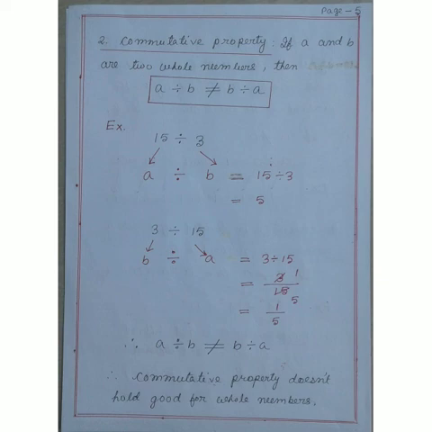Property number 2, commutative property. If A and B are two whole numbers, then A divided by B is not equal to B divided by A. Let us take an example. 15 divided by 3. Here 15 is A and 3 is B. If I divide 15 by 3, we get 5. Now we change the order of the quantities.